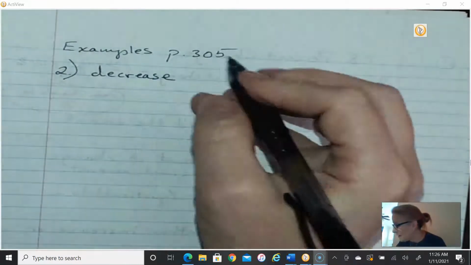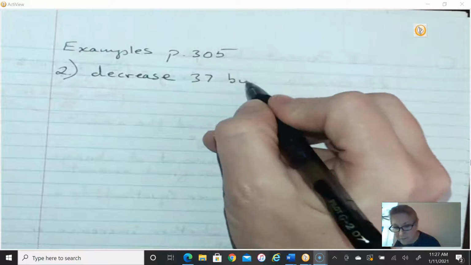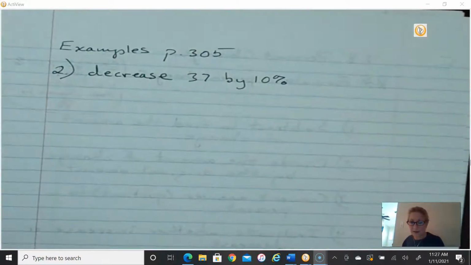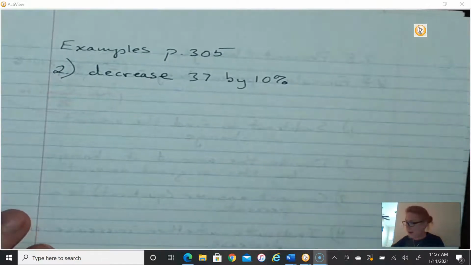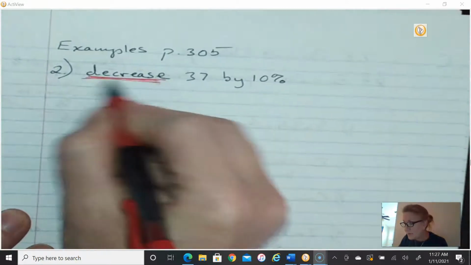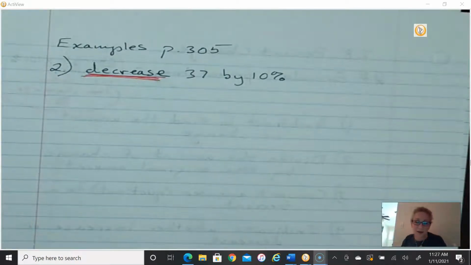It says 37 by 10%. So what they have here is a decrease. So are we going up or are we going down? Are we adding or are we subtracting when you decrease? That's right, we're going down.